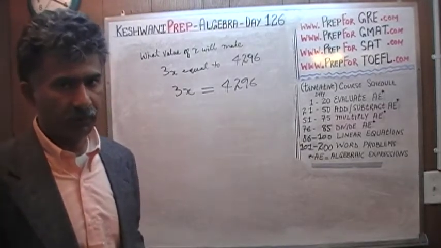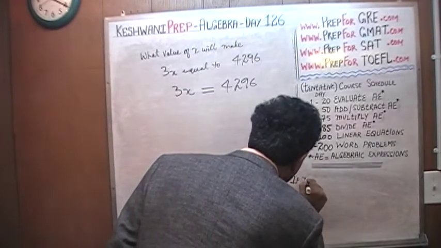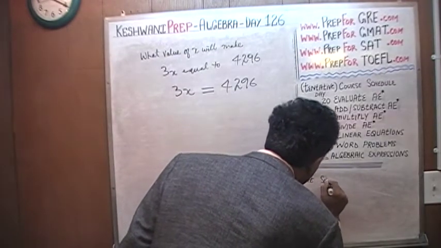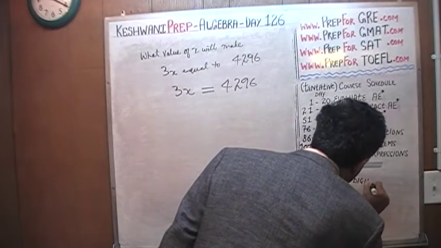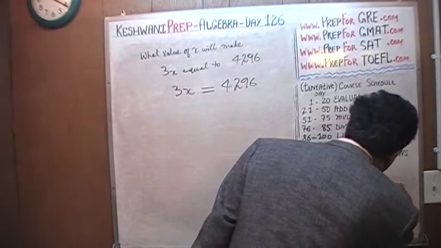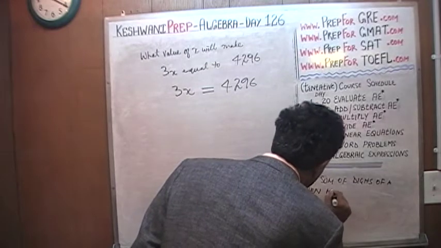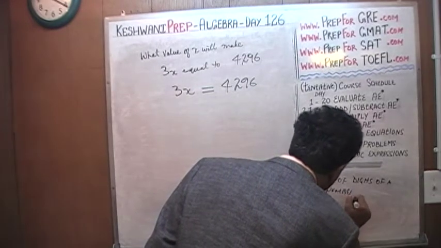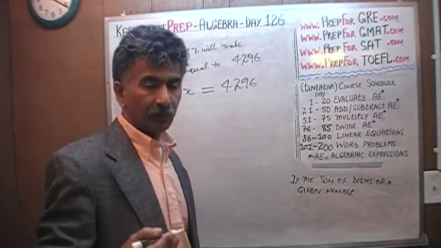Well, if you recall, we have done it many times. Here's the rule. If the sum of the digits of a given number, whatever number that is given to us, we add up the digits of that number.